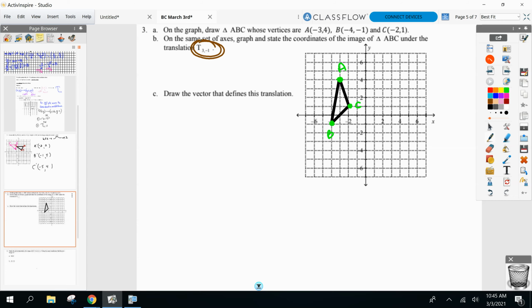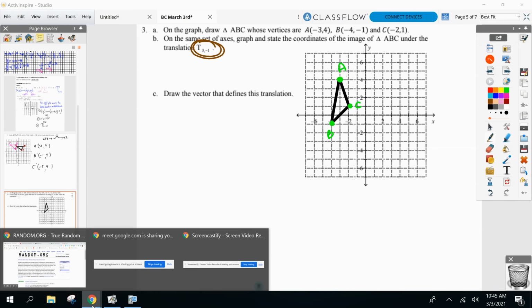Let's move our points. (3, -1). As you're doing this, where are your points moving?